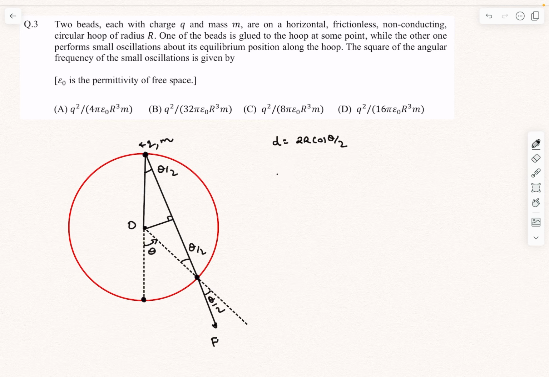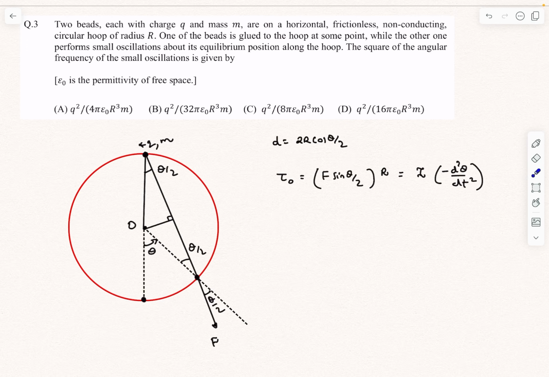So we can say the net torque about the point O is F sin(θ/2) times the radius of the circular hoop, and this would be equal to Iα, which would be I times minus d²θ/dt². The reason I'm putting a minus sign here is because the torque is opposite to the direction of θ, right? So the torque or the angular acceleration is going to be in a direction such that θ is going to decrease. So we have to put a negative sign over here.